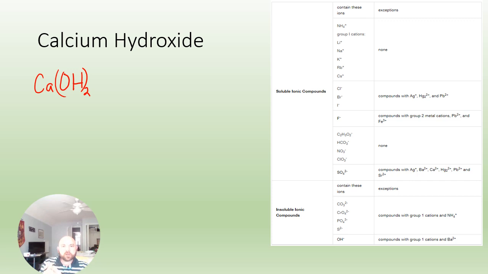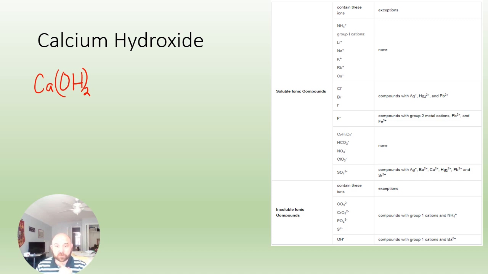If we look down our list here for one of our ions, the first one that I find, well, I don't see calcium. I don't see anything about group 2 so far. Here's a group 2 beside the fluorine, but that doesn't really apply to us.